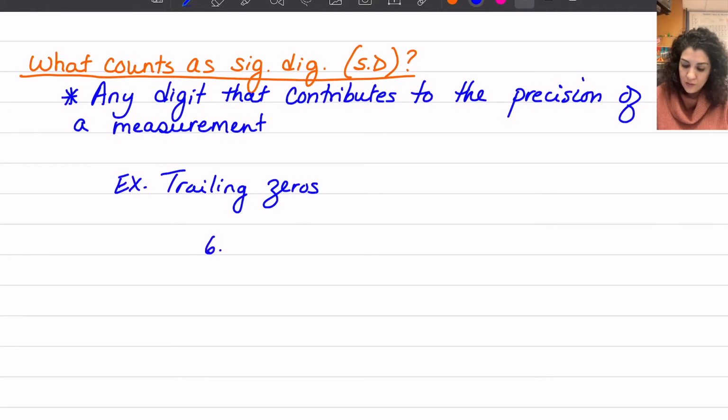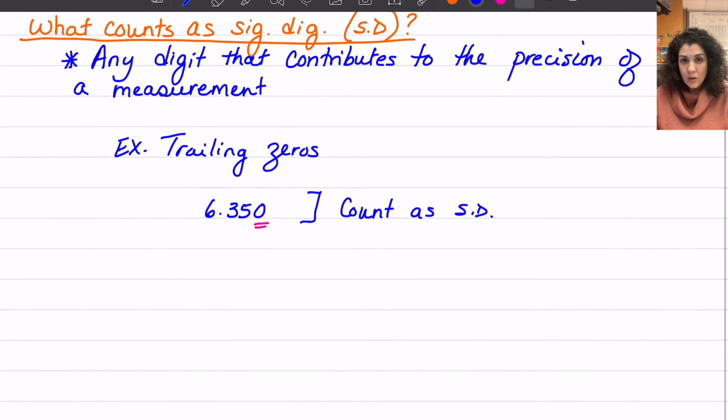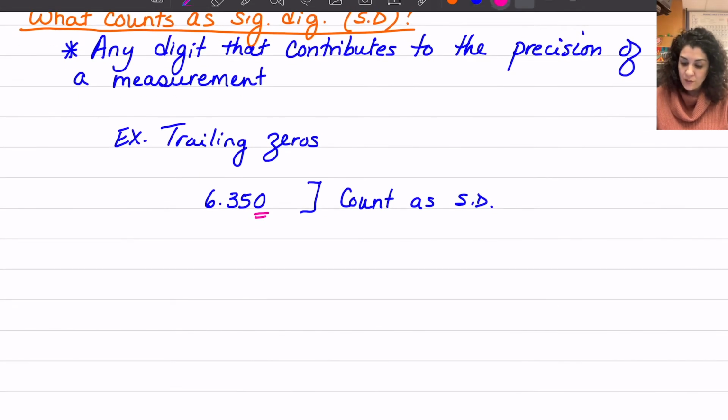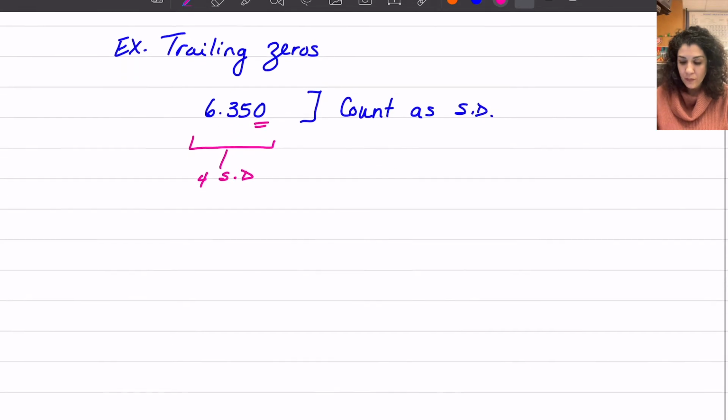So for example, if I gave you 6.350, this particular zero is a trailing zero. Now trailing zeros, they do count as significant digits. So when I look at 6.350, this particular measurement has 4 significant digits, okay?